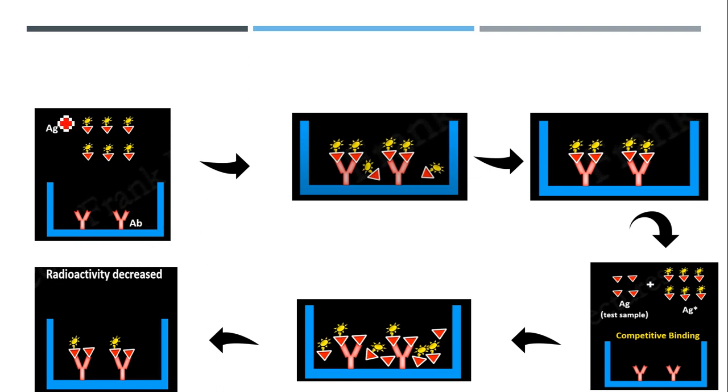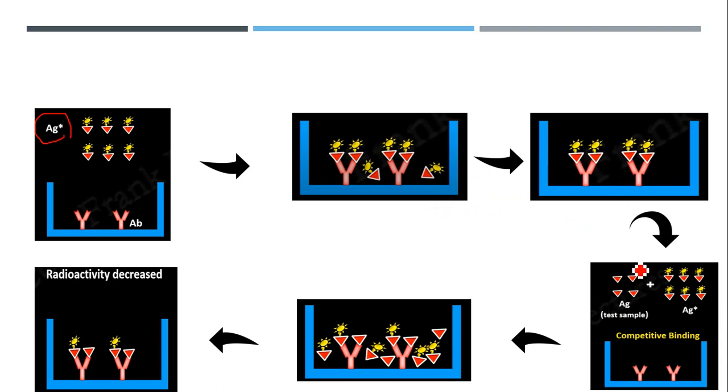Initially we will take the radio-labeled antigen. You can see these are the radio-labeled antigens. You can see the binding between antibody and antigens. Then washing is given. Why washing is given? So that the unbound antigens get washed away, so that they will not cause interference in the results.